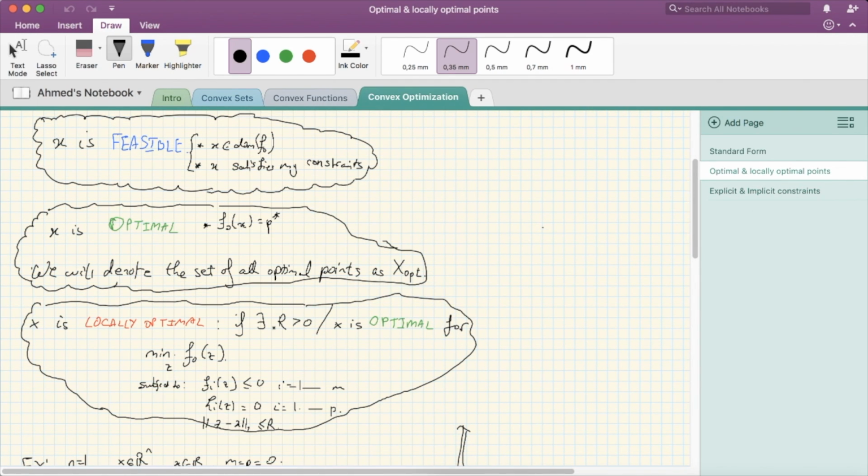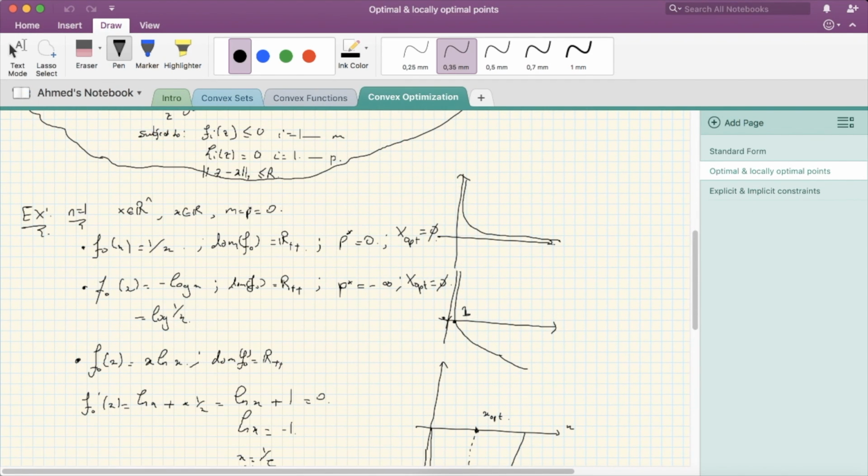Now, in all those examples we gave, m was equal to p was equal to 0, and therefore the problem had no explicit constraints. I didn't come and force a constraint on you, telling you, but you should, let's say, minimize 1 over x, where x plus 1 is less than 5, let's say, for example, right?